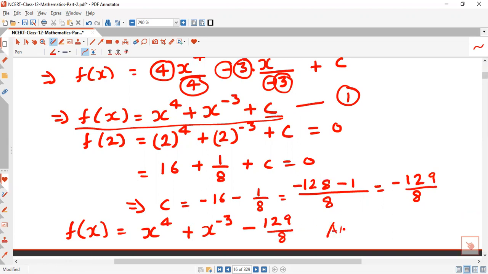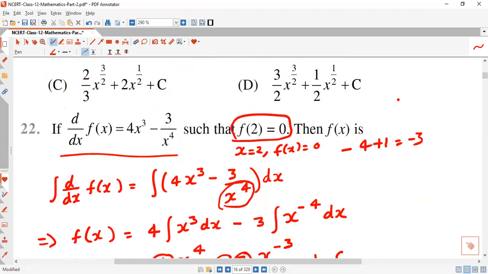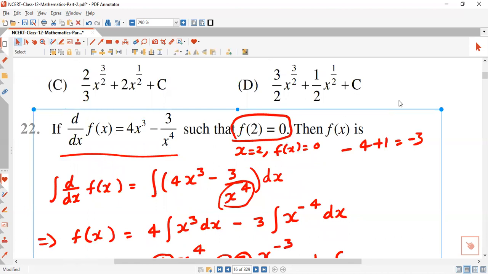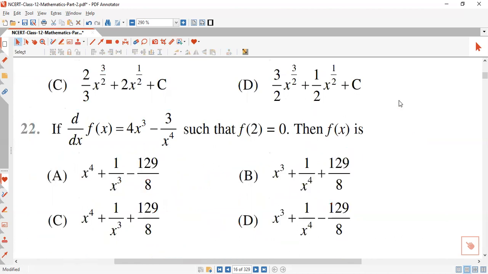This is the answer of this question. The first option is the answer.